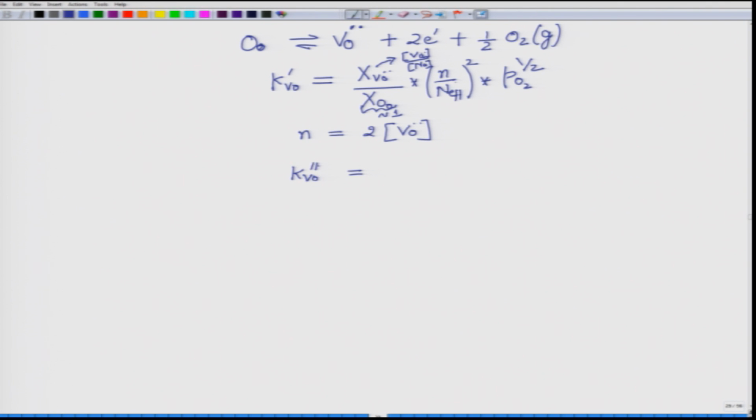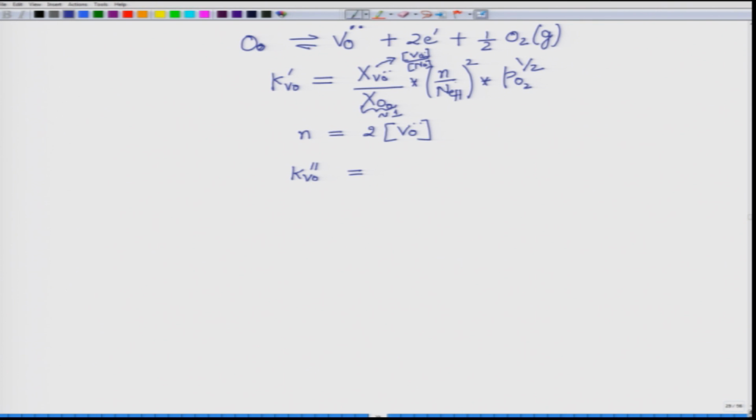This prime here is not for negative sign, remember. It is just to show that this is different from K V O prime, and K V O prime is different from K V O. So, do not confuse this prime with the negative sign, those will be associated with the components in the reaction. This is a rate constant.